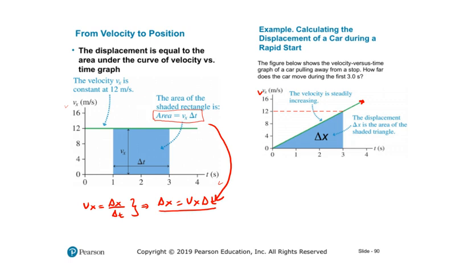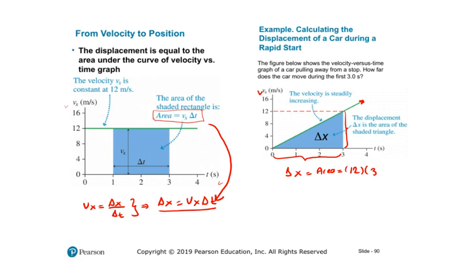An example here. The figure below shows the velocity versus time graph. As you see here, for a car pulling away from a stop, it's increasing its velocity as expected, right? It all makes sense. How far does the car move? Just this area. And this area is found as it's a triangle.